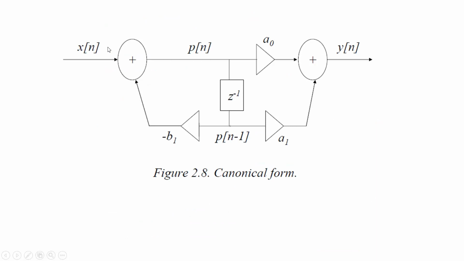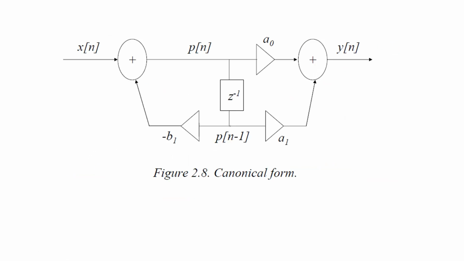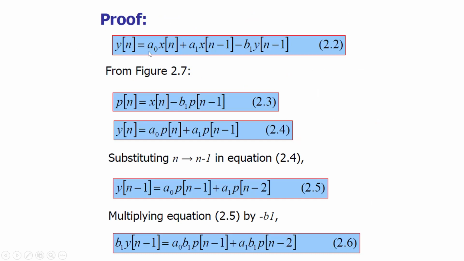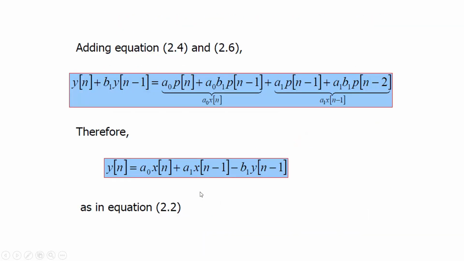Now, as I said, we can put it in the direct form 2 structure also, meaning I can put the feedback system first and then the feed forward system. If I do that manipulation, then the output will remain the same. That's what I am trying to prove here. This is my direct form 1 difference equation. Now I start with direct form 2 implementation, write the equations, and prove that the final difference equation is the same as the direct form 1 structure.